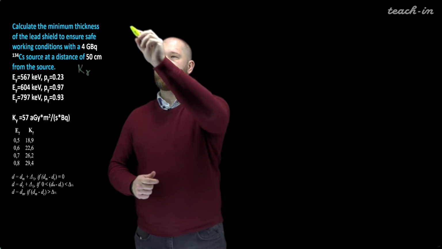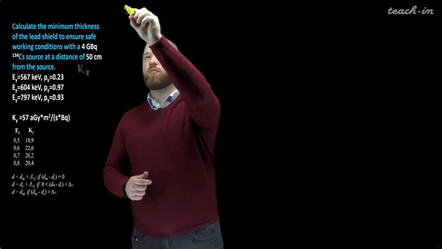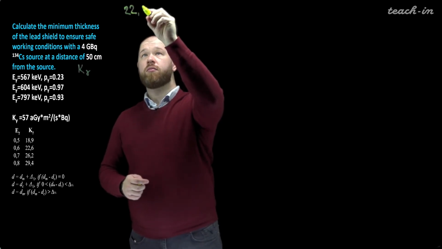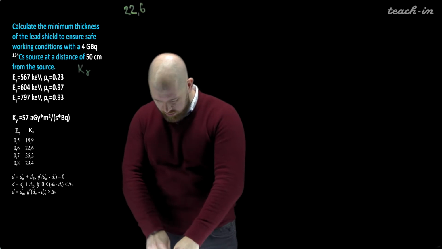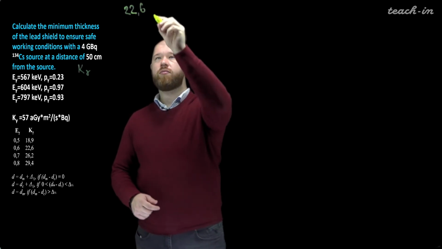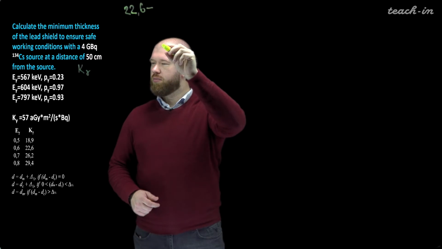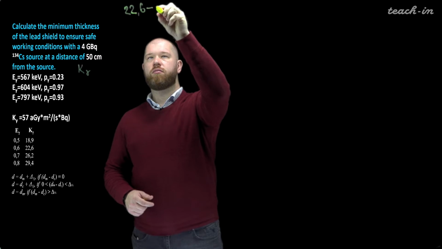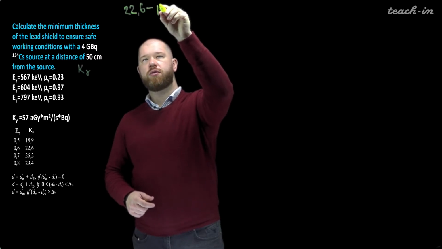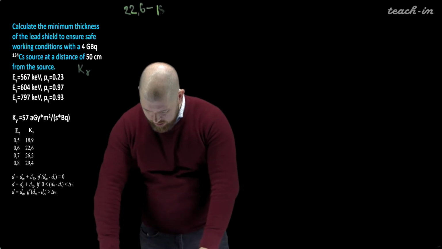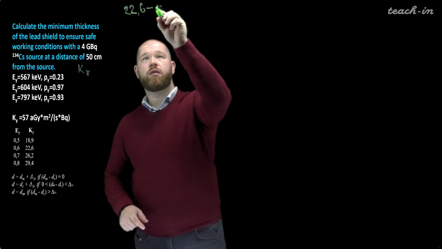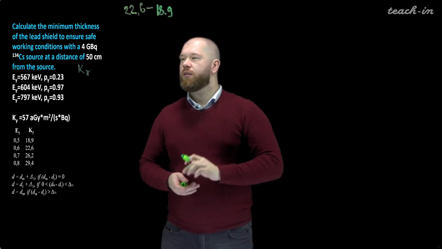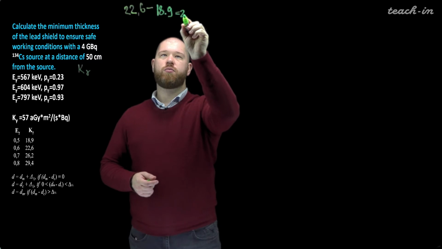So let's take this difference, 22.6 minus 18.9, and it gives us 3.7.